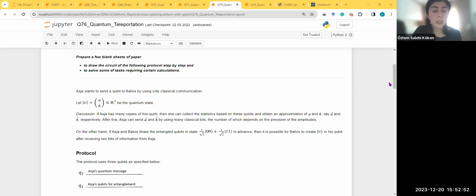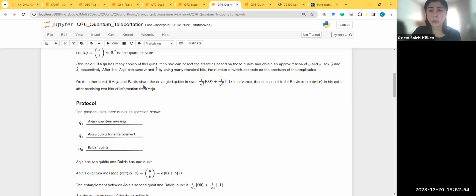And for this protocol, we will use 3 qubits. The first one is the message we would like to send. I mean, this quantum state we would like to send, basically. This is quantum state, vector AB. And then we have 2 more qubits. The first one is Asya's qubit, the second one is Balvis's qubit, and those are entangled.